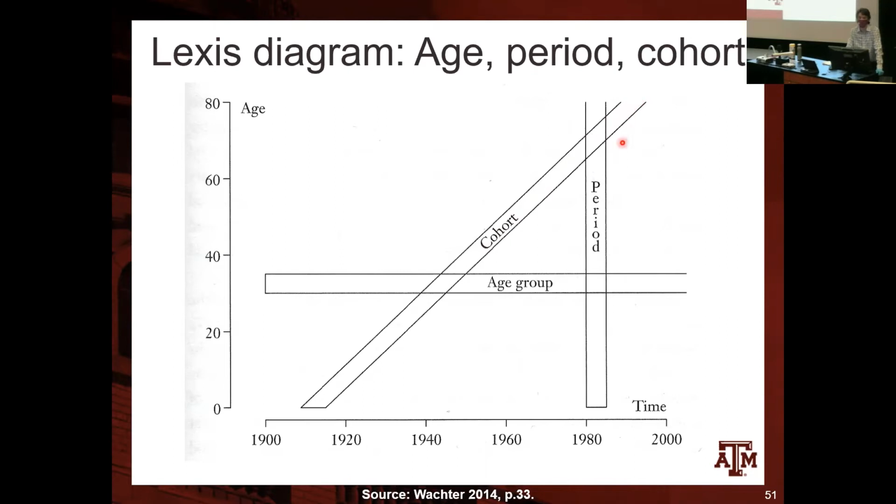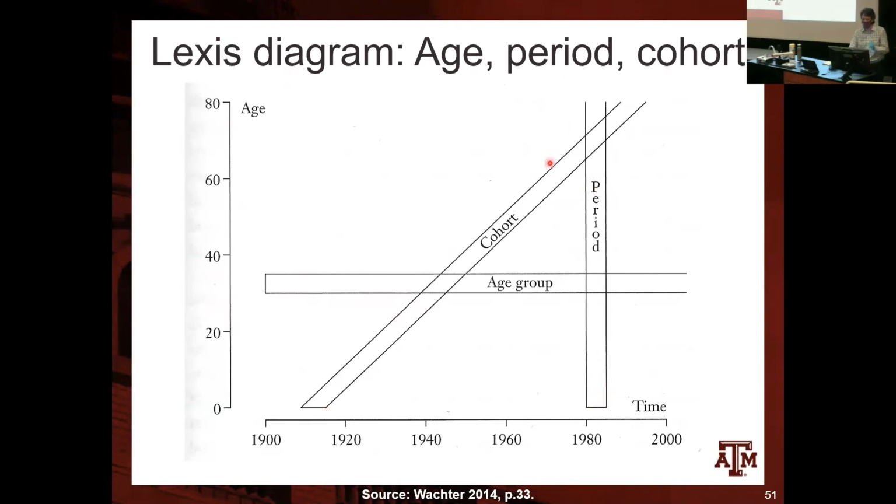Usually the way that's represented is with numbers. You would just write down the numbers. The width of this diagonal, the width of the column for the period, and the bar for the age group remain the same, because age is about the age interval, cohort is about the time interval that people were born, and the period is the time interval that we collect the data.